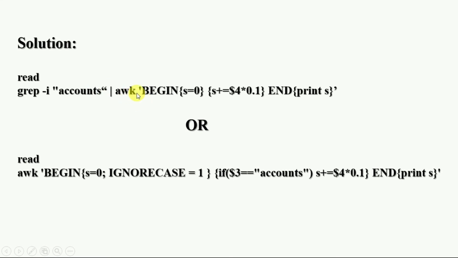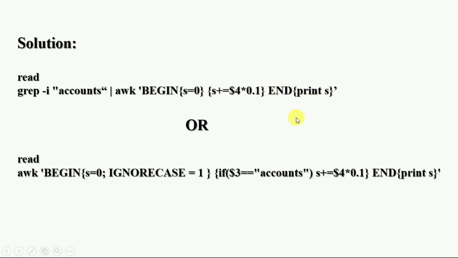Then the awk script in the BEGIN section initializes s equal to 0, to find the summation for the salary field. The salary field is the fourth field. So we can easily find the 10% of the fourth field only for the accounts department, do the summation, and at last, in the END section, print the summation.